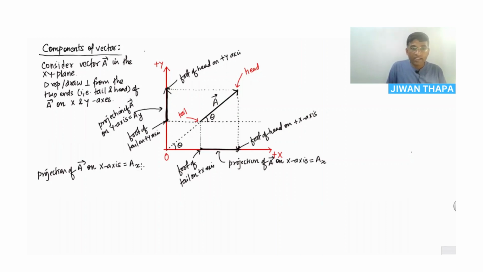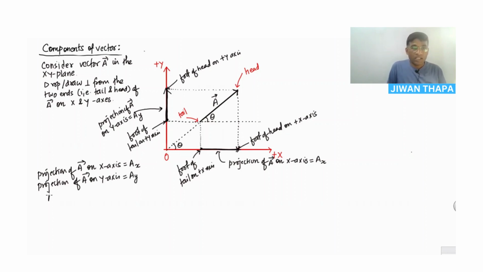So AX is the component of vector A along the x-axis. This is to be noted. And the projection of A on the y-axis is the component of vector A along the y-axis.